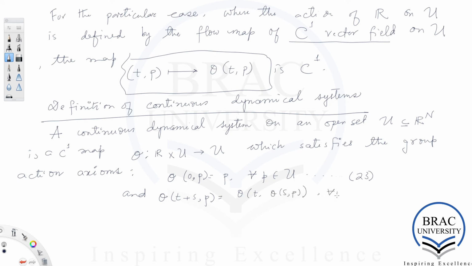This is for all p in U and all t and s in R. Okay, they have to be satisfied. So a continuous dynamical system is just this map theta, satisfying these two properties of group actions.